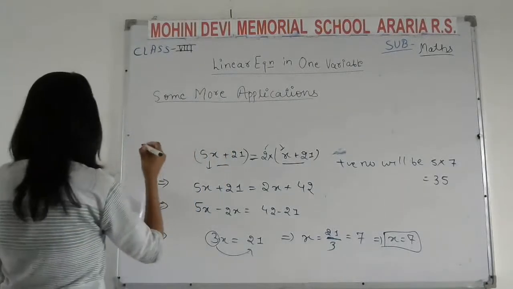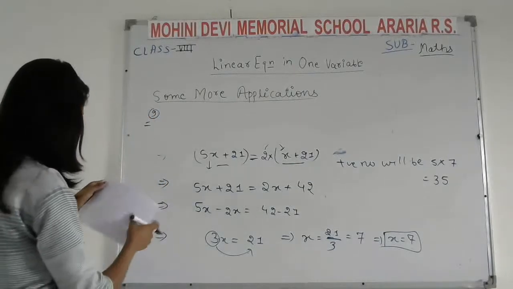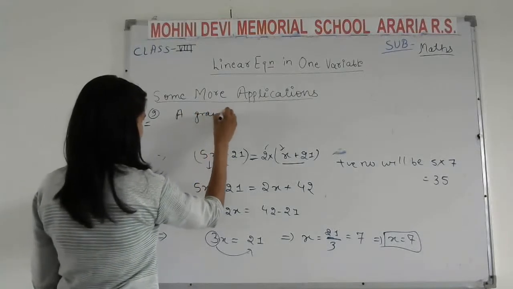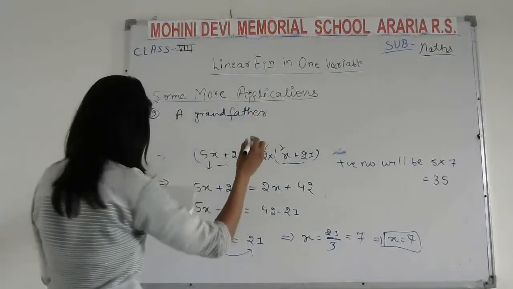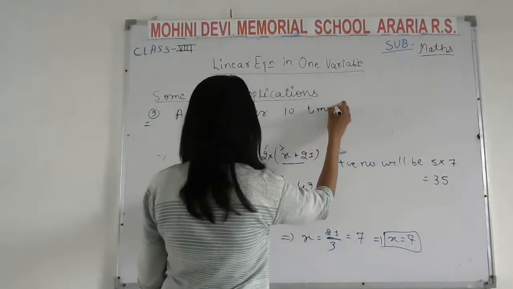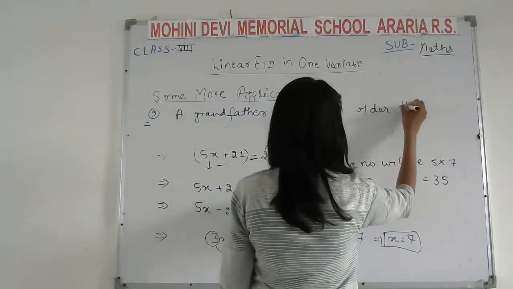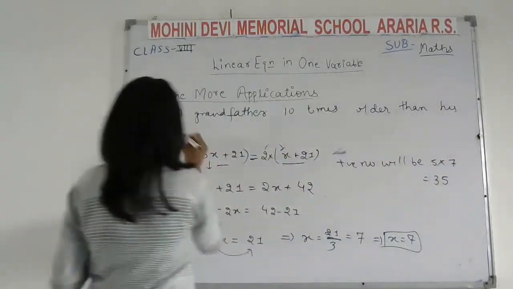Now the last question. This is question number 9. All the rest of the questions of this exercise, try to do yourself. A grandfather is 10 times older than his granddaughter.